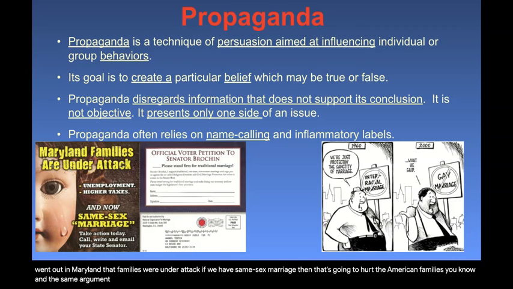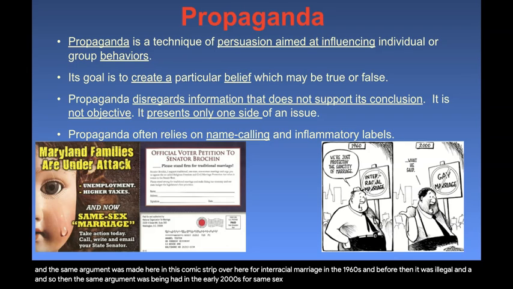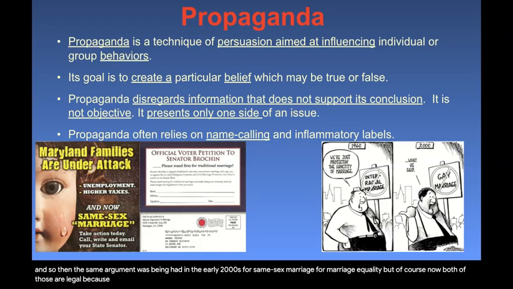And the same argument was made in this comic strip for interracial marriage in the 1960s, and before then, it was illegal in a lot of states to have an interracial marriage. Then the same argument was being had in the early 2000s for same sex marriage, for marriage equality. But of course, now both of those are legal because of the Supreme Court.